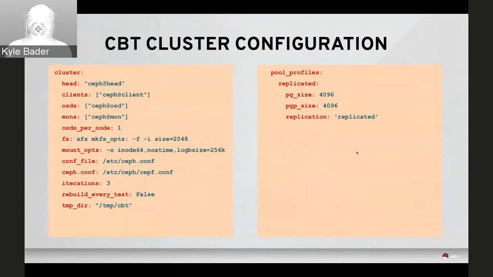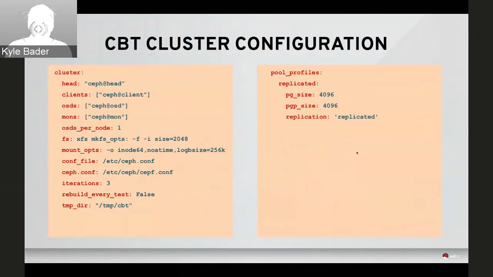Then you have where the ceph.conf is, and the number of iterations that you want to run for the test plan. If you're having CBT build the cluster, whether or not you want to rebuild the cluster between tests, sometimes that's useful if you want to have a fresh, clean slate in between runs.